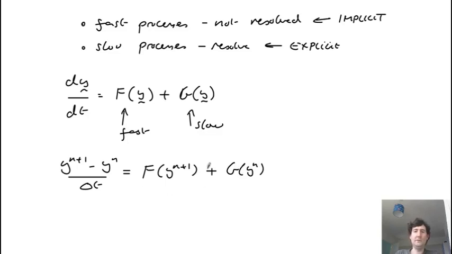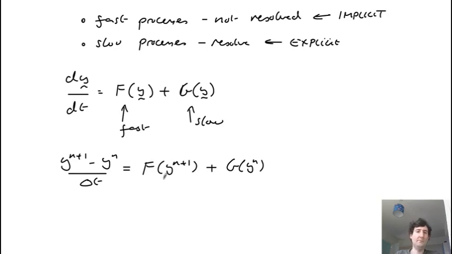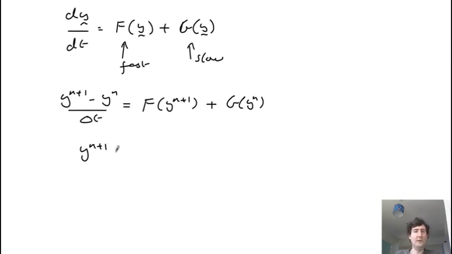So you can rearrange this equation, and now you're just solving for this f part. So we have a yn, then we have a minus delta t times f of yn plus 1. And then on the right hand side, just have a yn plus delta t times g.